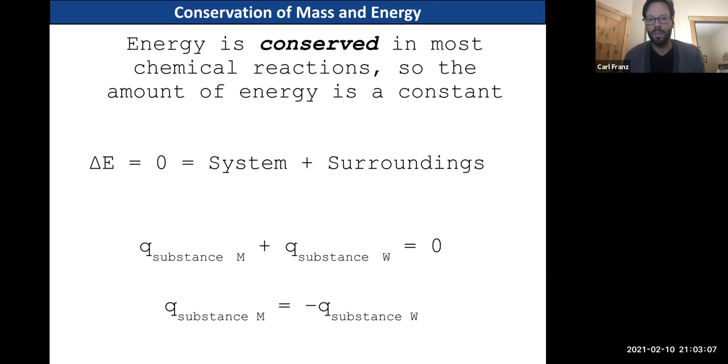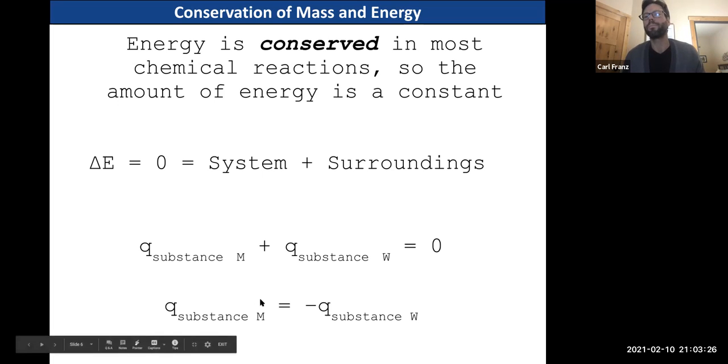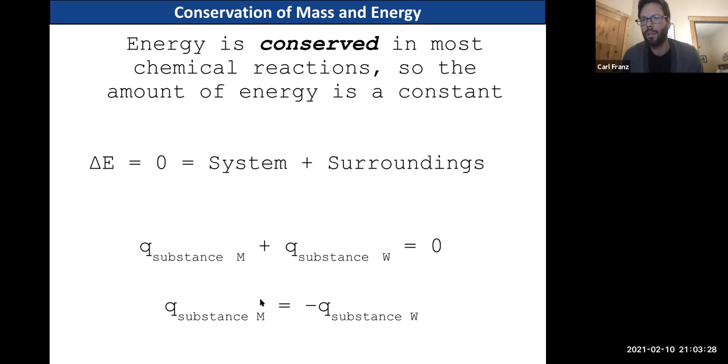And if that's the case, we can say that the energy of one substance is equal to the negative energy of another substance. And we had some problems where we were heating up metals. That would be, in this case, Q substance M down here at the bottom. And we were sticking it into water and seeing how it changed the temperature. And that would be Q of substance W.